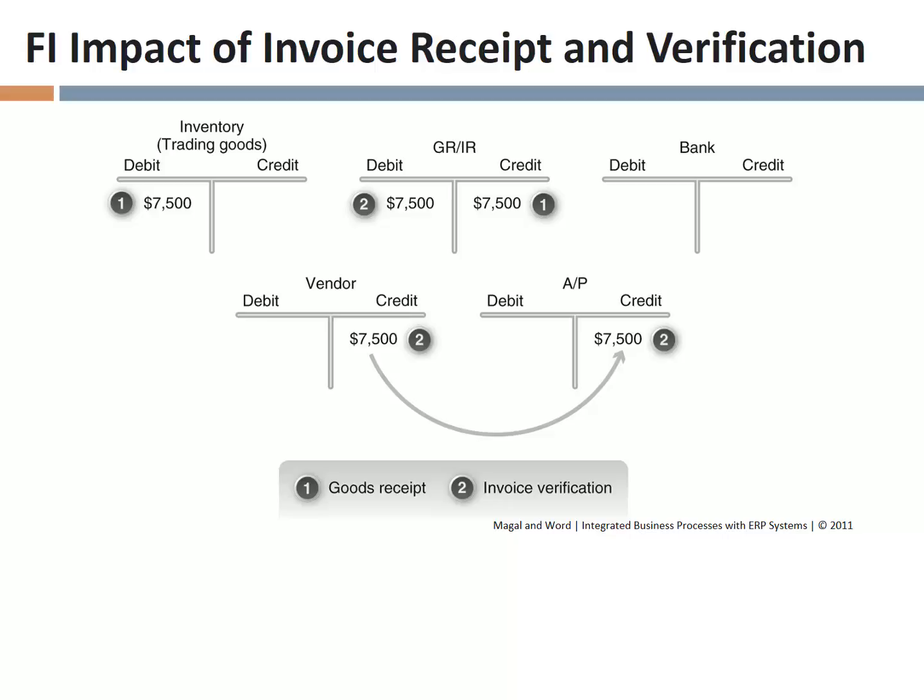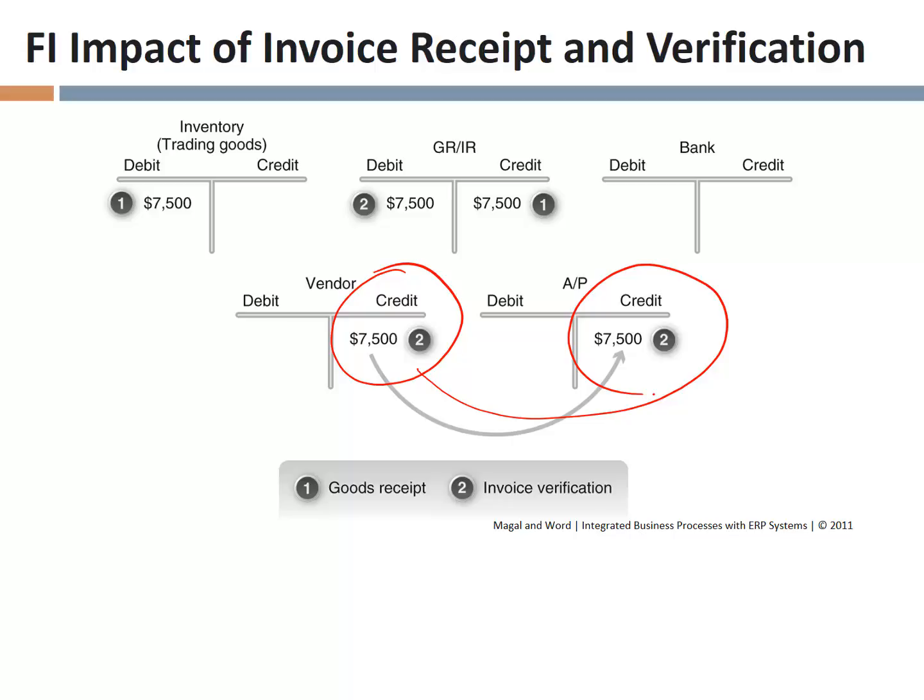Now the thing here is these are the postings with the 2 next to it. We credit our vendor account, showing that we now owe this vendor X dollars. That results in an automatic posting to our accounts payable reconciliation account for that same amount. So that's the credit side of this.